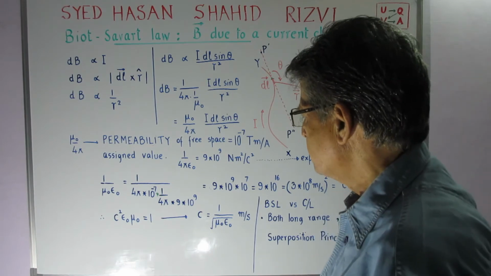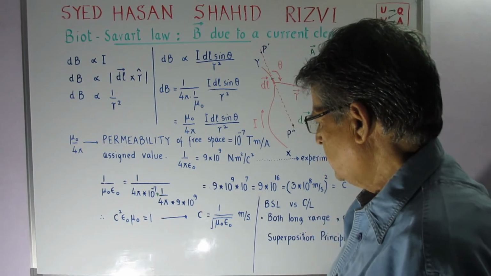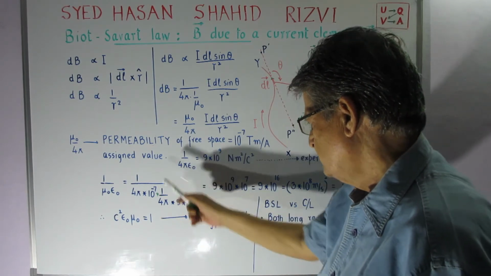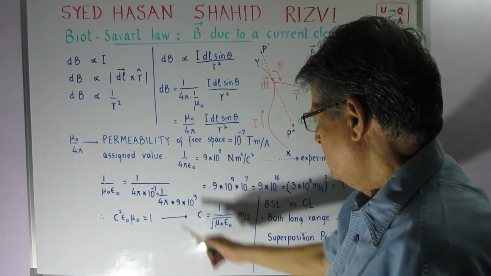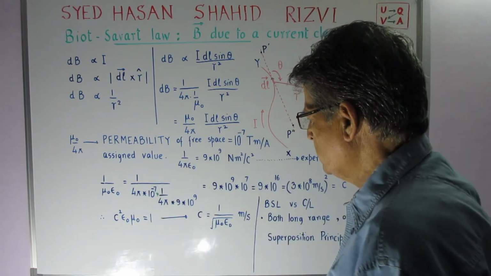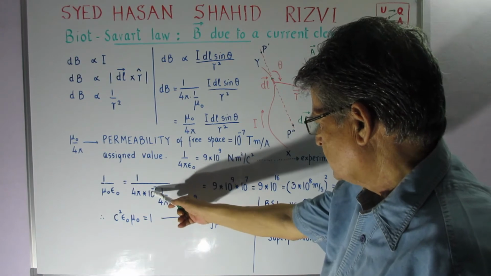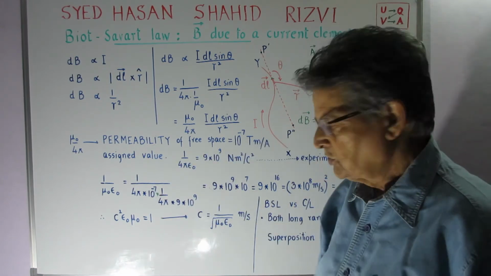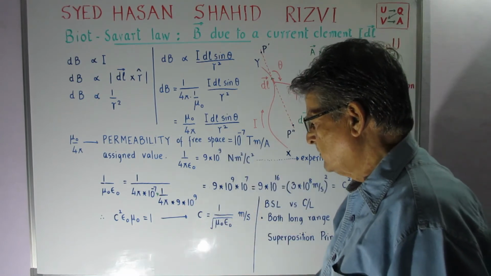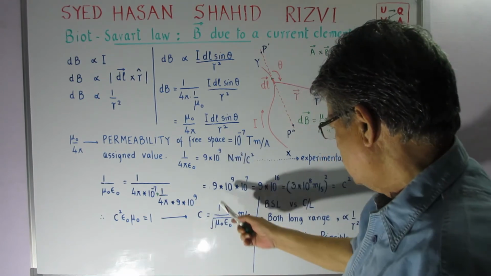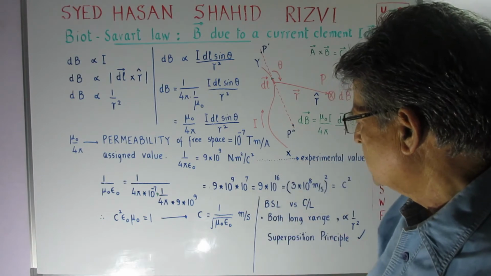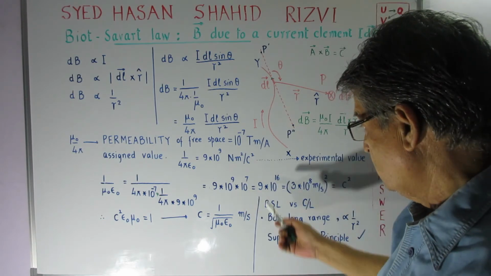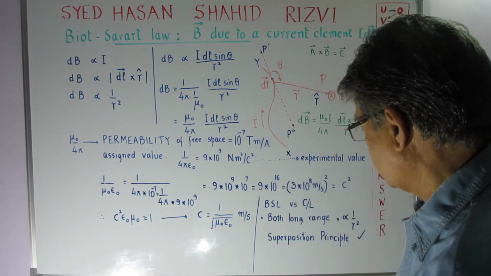So the 4 pi and 4 pi cancel out, and 10 to the power of minus 7 jumps over as 10 to the power of 7. So the value I get for 1 upon mu naught epsilon naught is 9 into 10 to the power of 9 times 10 to the power of 7, which is 9 into 10 to the power of 16.